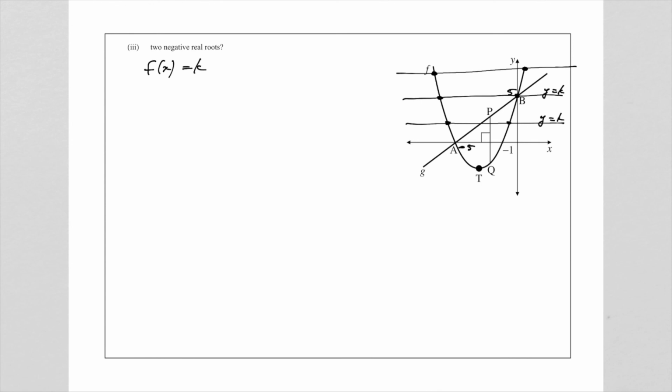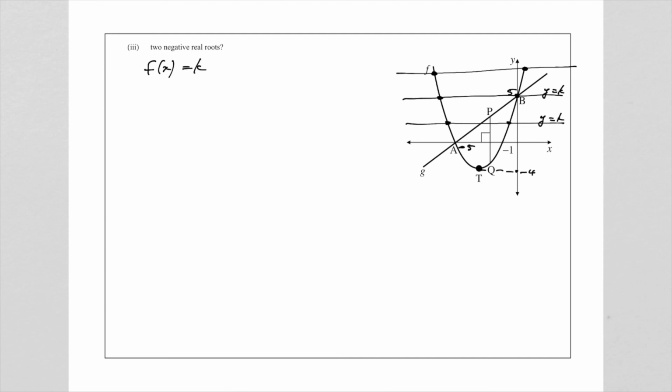So if I draw it above the y-intercept of 5, we will have one positive, one negative. If I draw the line at this y-intercept of 5, one root will be 0 and one will be negative. If I draw the line below this y-intercept of 5, then the roots will both be negative.